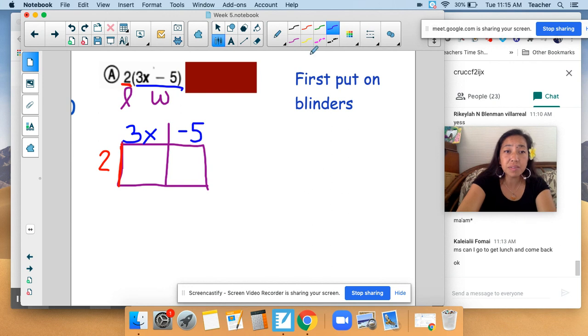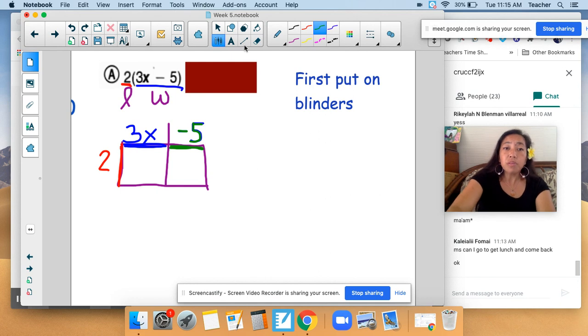In fact, I'm going to even change that minus 5 to be a different color. This width is 3x. And then let's just go ahead and draw over this guy, minus 5. It's kind of hard to draw over him with the mouse. Okay, that's the green. Negative 5 is this length here.